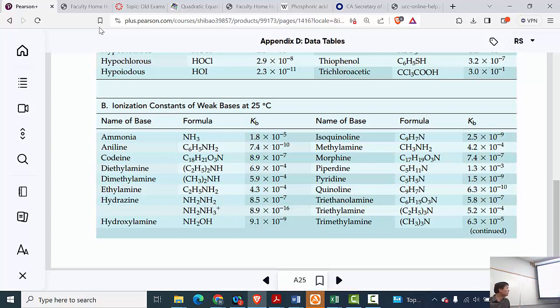But the type of stuff you would do is you might look just at the table. You don't want to memorize any tables, but you want to see, is there some kind of general pattern in the table that you can see. That way you might be given some weird compound, you might not know anything about it. Like, look at morphine. Morphine's weird, but would you know that's an amine? Maybe not. Maybe you wouldn't have known this is a base, unless you might have seen it before.